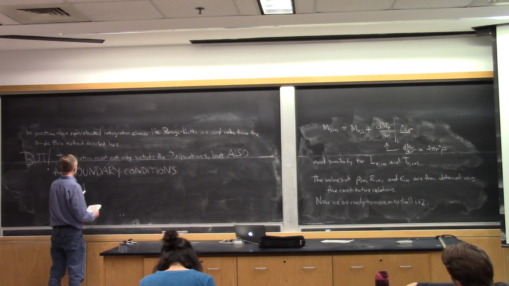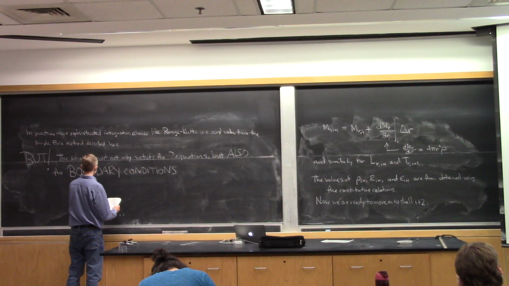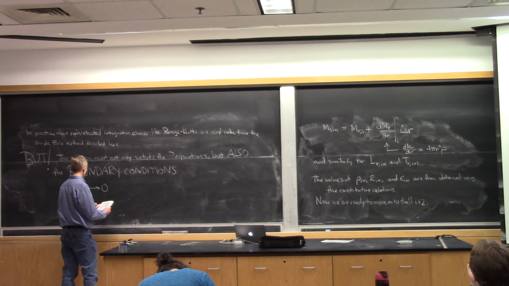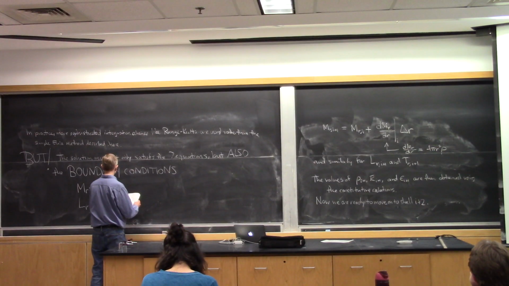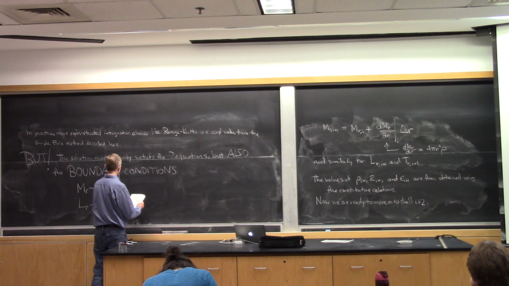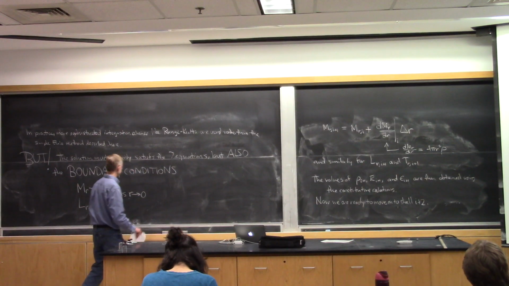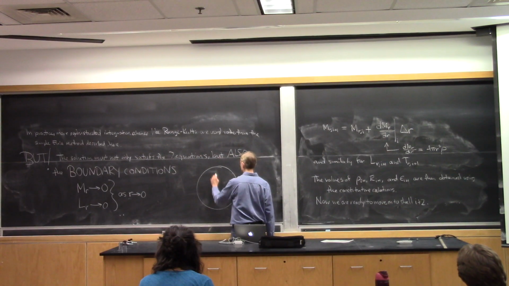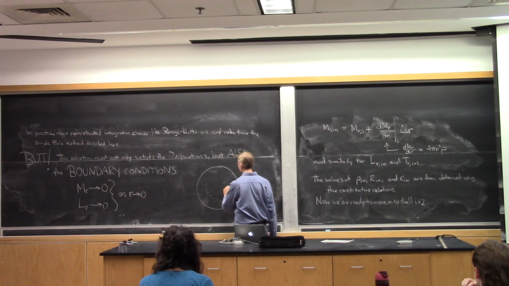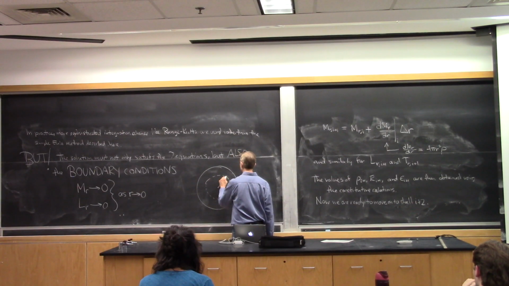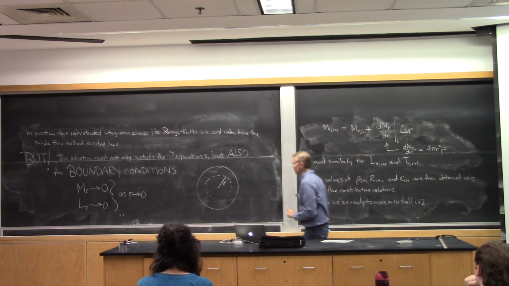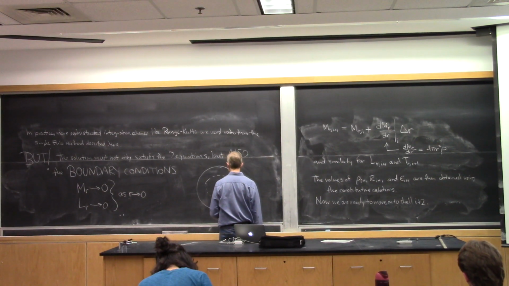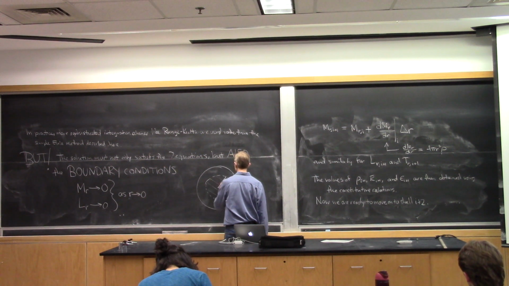So those would be m sub r goes to 0 and L sub r goes to 0, both of them as r goes to 0. So remember, here's our star, here's some spherical surface with radius r in there, and remember that m sub r is the mass interior to radius r.